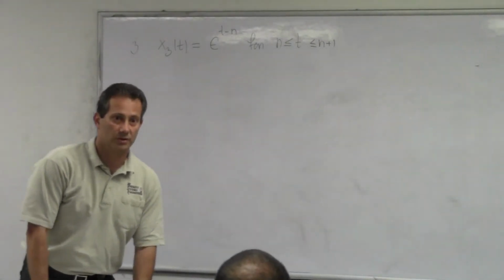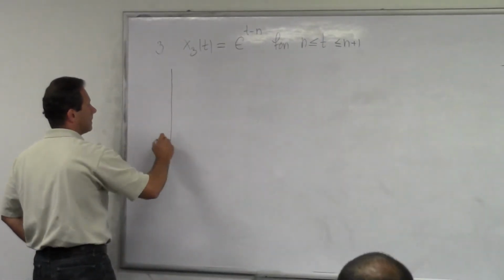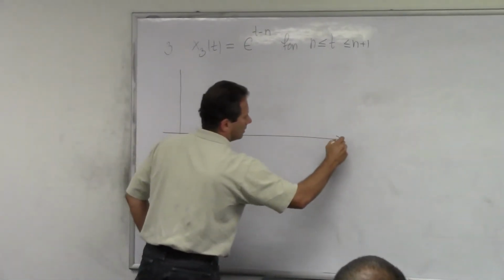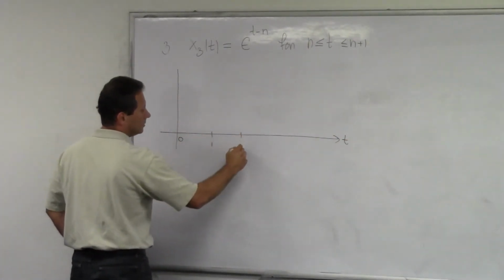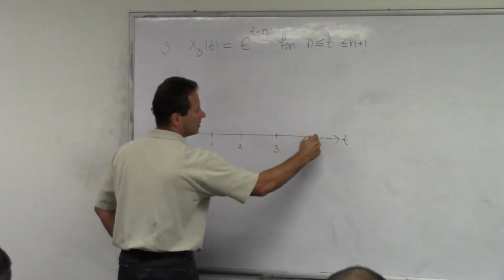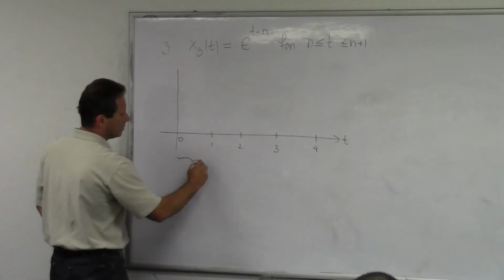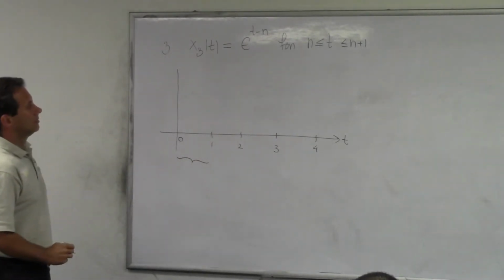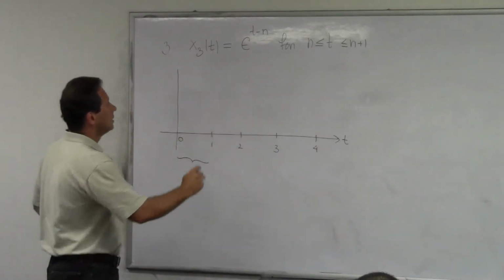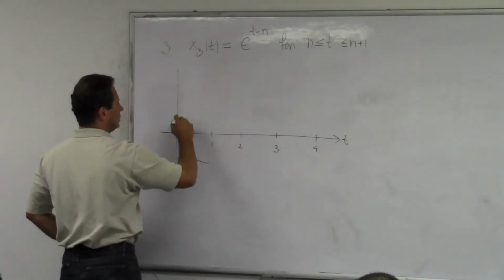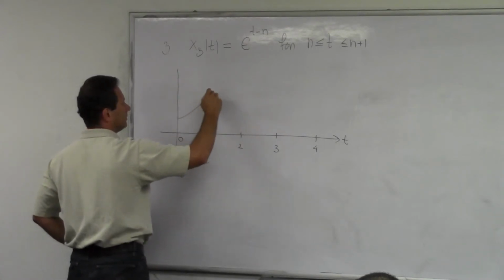You don't know how to draw this. All right, so let's see if we can. This is t, so this is 0, 1, 2, 3, and so on. In this interval here, n is between 0 and 1, so n is equal to 0, this is e to the t. So it looks like this, right?